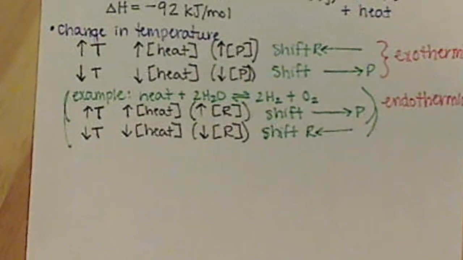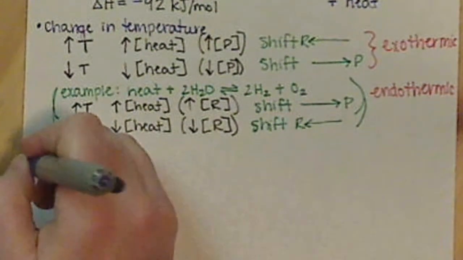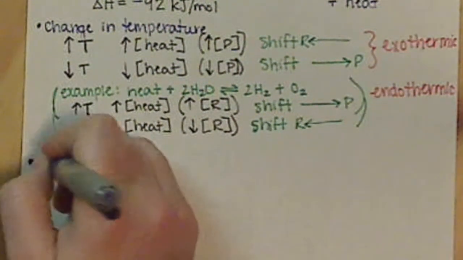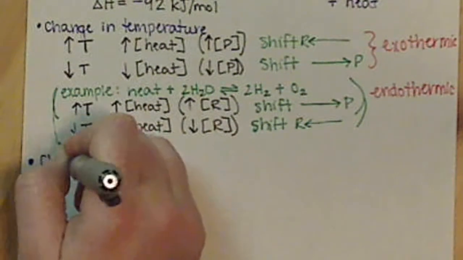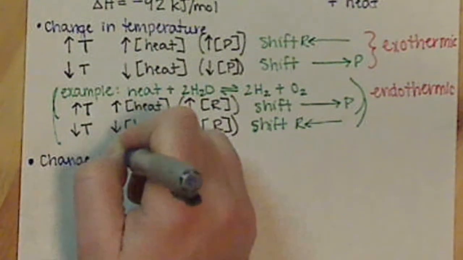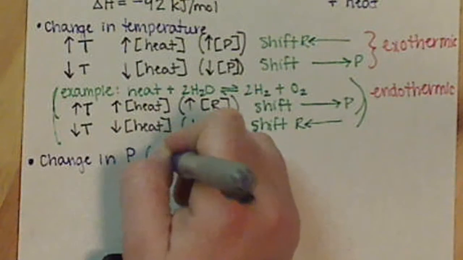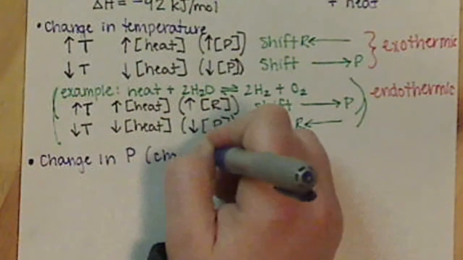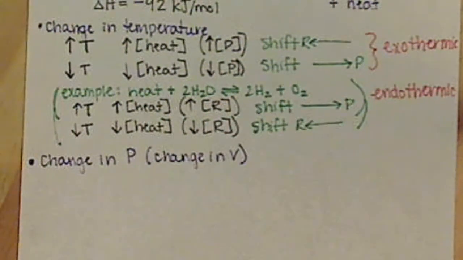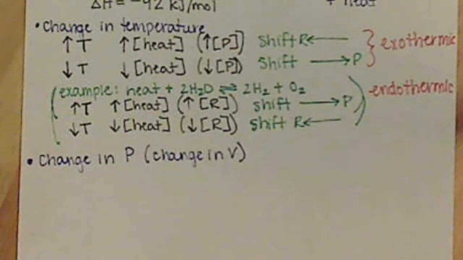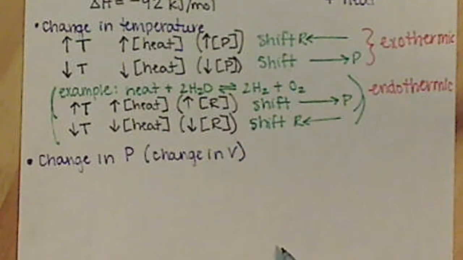All right. Our third stress that we can add to this is a change in pressure. And we're going to do that by changing the volume. So this effect is only going to address equilibriums with gases, okay?